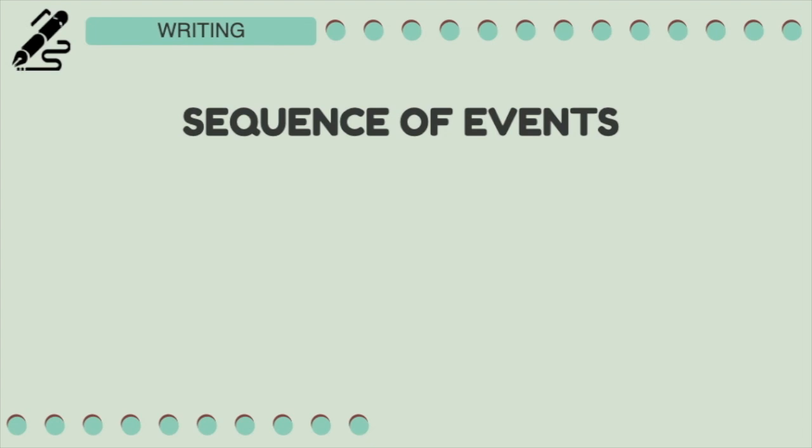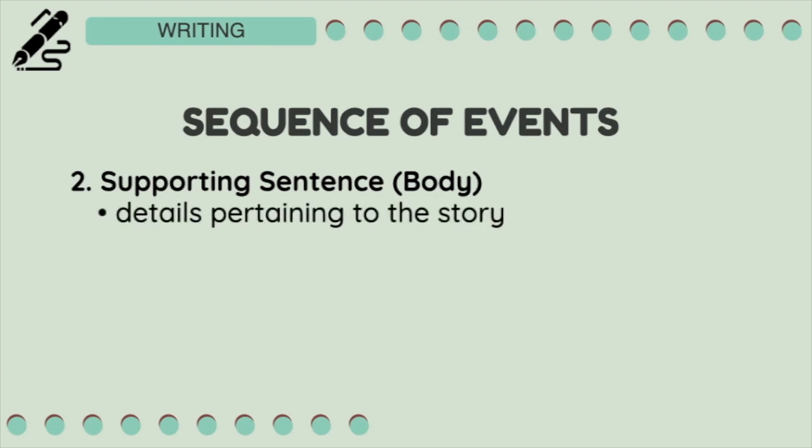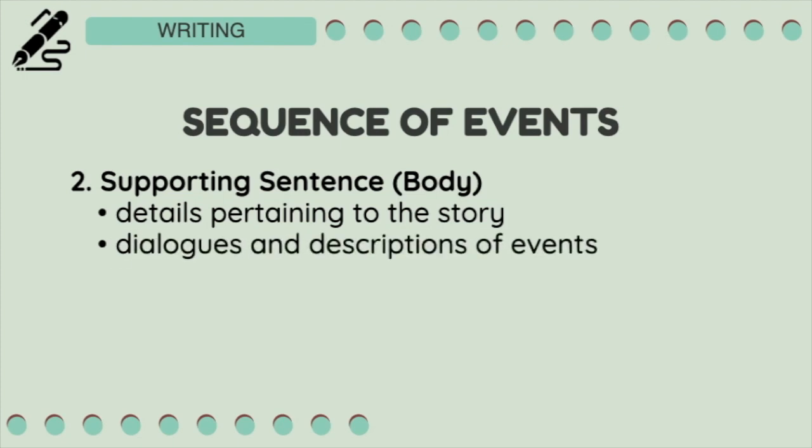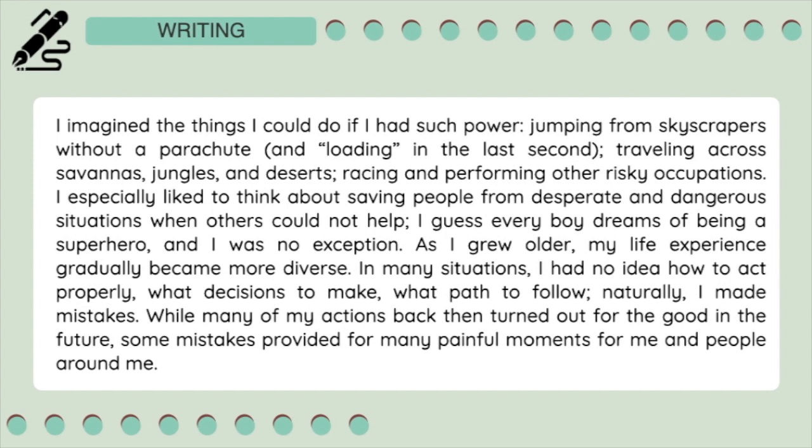Next sequence of events in a narrative paragraph is supporting sentence or body. The body of a narrative paragraph contains the details pertaining to the story, including dialogues and descriptions of events. Here is an example of supporting sentences in a paragraph. I imagine the things I could do if I had such power.